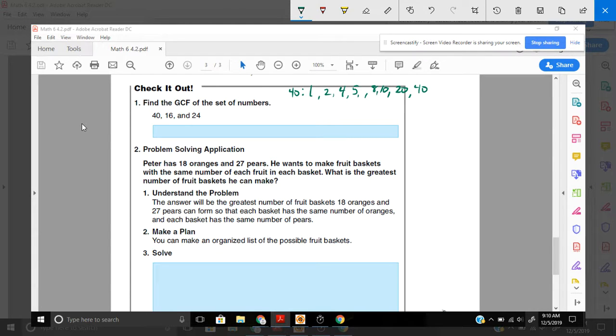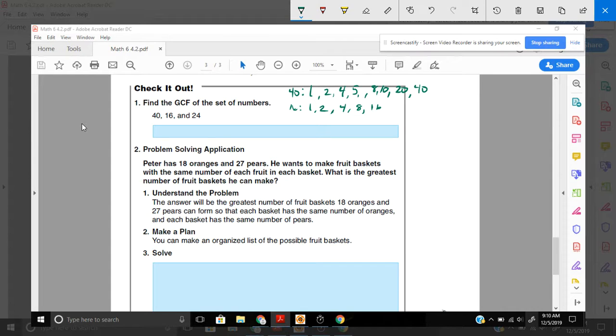Quite a few factors of 40. For 16, I would have 1 times 16, 2 times 8, and 4 times 4.